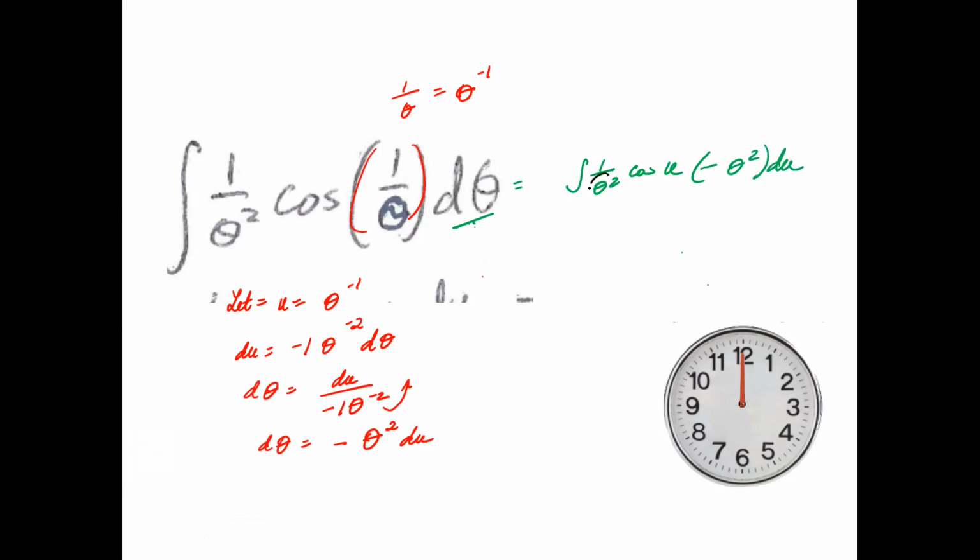And that's perfect because this theta squared and this one cancels, but you do have a negative 1, and I'm going to move it over to the left. Cosine u du. Everything's in terms of u, so I'm good. I know that the integral of cosine u is going to be a sine u, so I'm going to replace that with a sine u plus c. So then once I replace that back, it's going to be a negative sine. U was a 1 over theta plus c, and that is your answer.